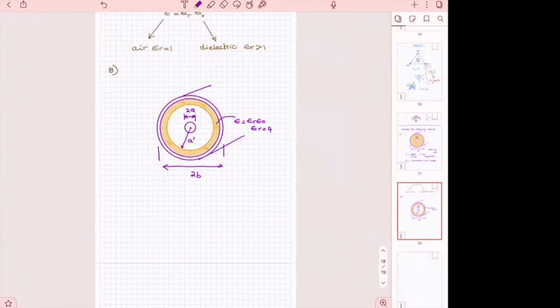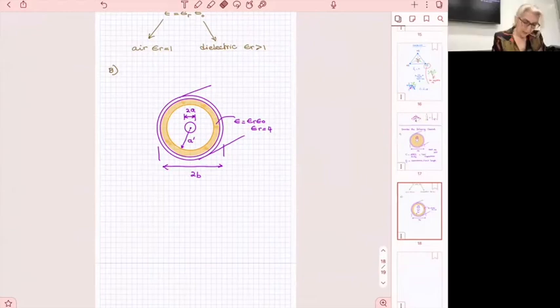So I think you would first find the capacitance of the center part to the first radius, and then you do the same for the second radius, and then you would combine them in series.